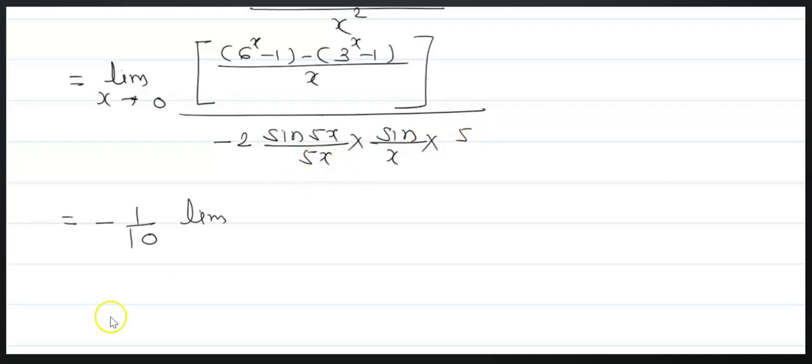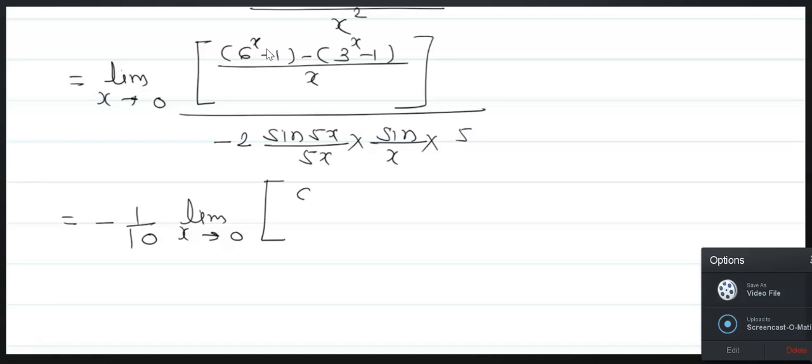We are adjusting here 5. The value of this limit is log of 6 minus log of 3, minus 2 into 5, that is minus 1 upon 10, and here sine of 5x upon 5x is 1 into 1.